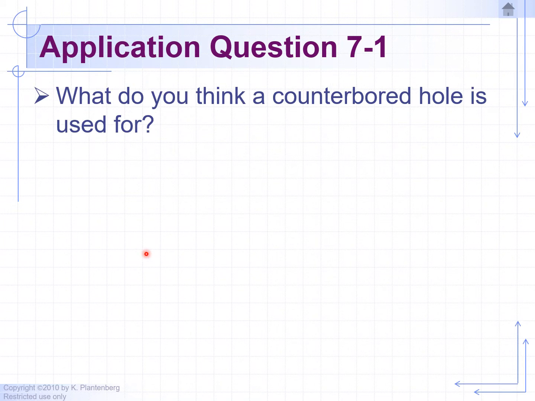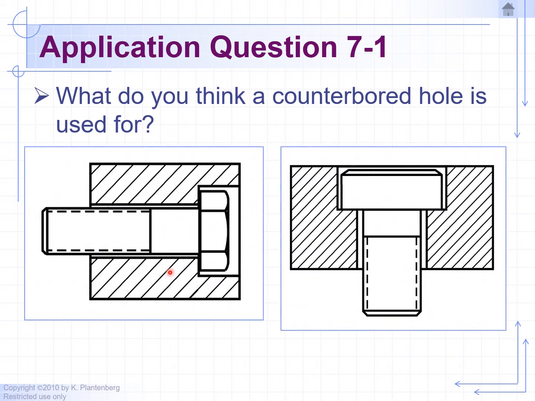So what is a counterbore hole used for? Typically it's used to hide the head of a bolt. Now, if you did not have a counterbore hole, then the head of the bolt would be sticking out.